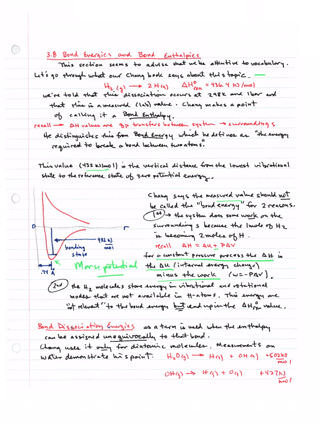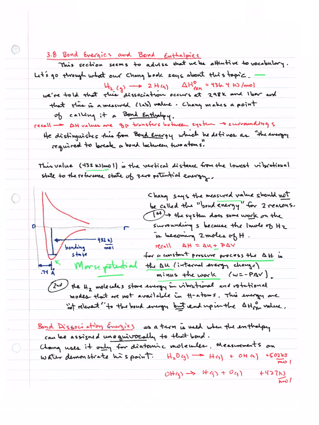The second reason he says that these values are not interchangeable is that the hydrogen molecules were storing some energy in vibrational and rotational modes that are not available to the hydrogen atoms. Those amounts of energy are not relevant to breaking the bond, but they're there and they have to end up somewhere. And he says they're ending up in the enthalpy value, the delta H, that measured value.